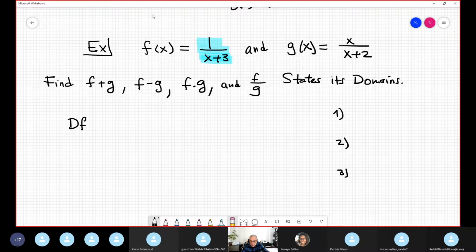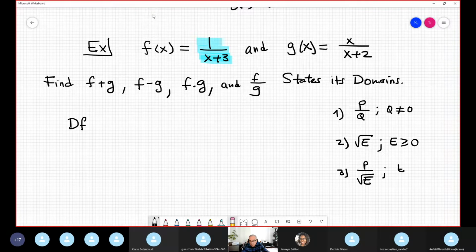When you have a division between two things, the bottom part is not zero. When you have a square root, the expression inside must be non-negative. And we have the combination of both, the square root and the bottom is positive. Keep this in mind. This is important information to analyze the domain when you have the equation in your hand.